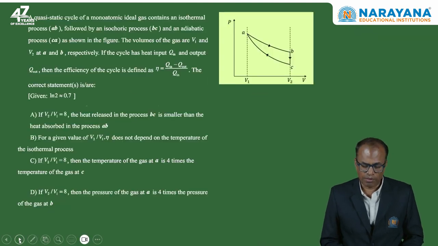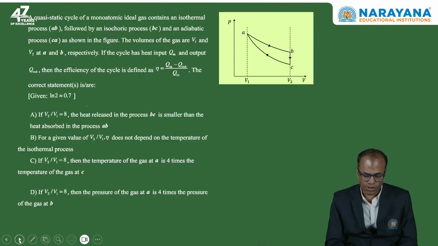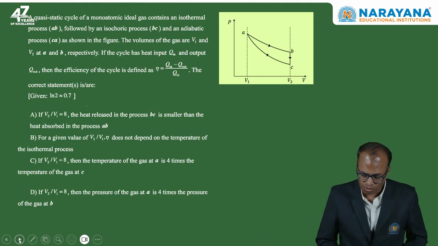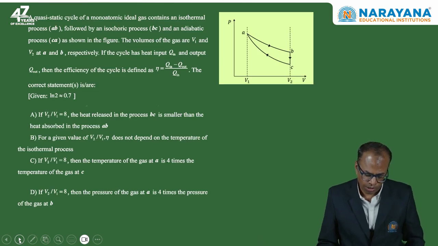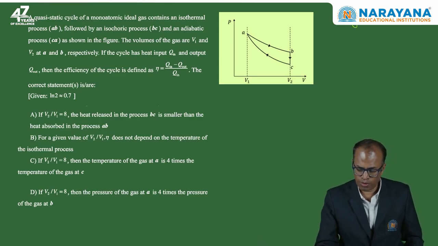Exhaustive. Anyways, let's go to question number 7. Okay, 7 is thermodynamics. A quasi-static cycle of a monatomic ideal gas, degrees of freedom 3. Then we have isothermal process AB. Okay, this is isothermal.